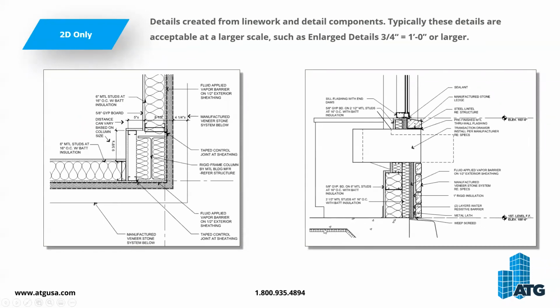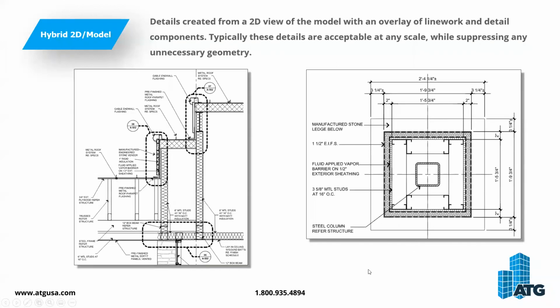When you get into the real nitty gritty of wall details and flashing details, I usually suggest that you try to do those as 2D and not incorporate them as a hybrid. Because if you do hybrids, you can get into some tricky stuff. For example, what if they did all this work on this roof, and this has to shift out a little bit to create an overhang on the other side?